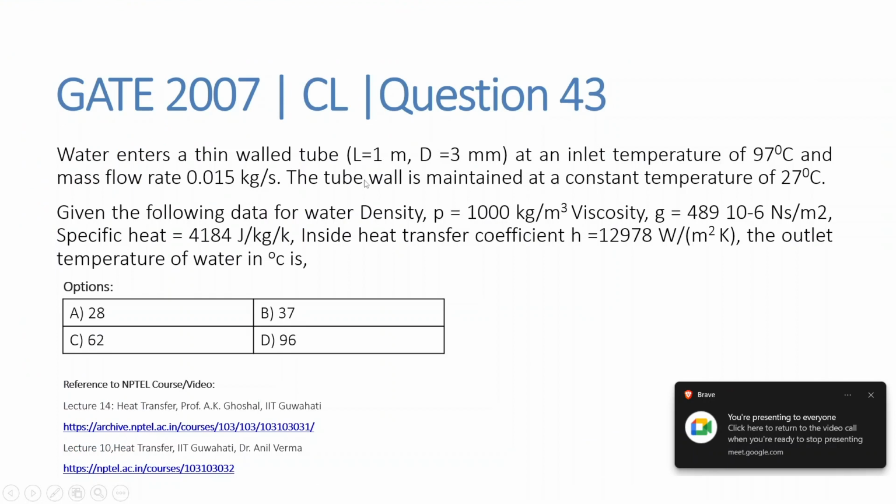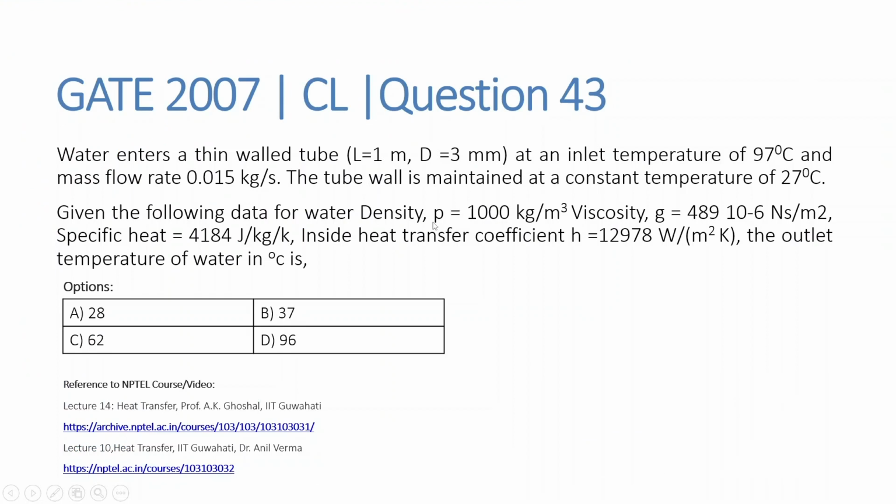Given the following data for water: density rho is equal to 1000 kg per meter cube, viscosity, and specific heat as 4184 joule per kg per Kelvin. The inside heat transfer coefficient is given as h is equal to 1298 watt per meter square Kelvin. The outlet temperature of water in degrees Celsius is what we have to find. This is an MCQ type of question.